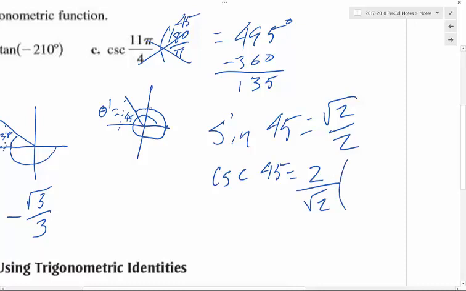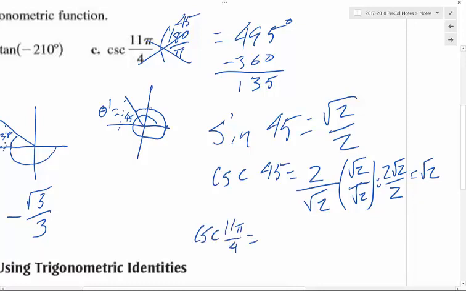You cannot leave a radical in the denominator, so rationalize to get 2 square root of 2 over 2, which will give me square root of 2. So the cosecant of 11 pi over 4 is equal to the square root of 2.